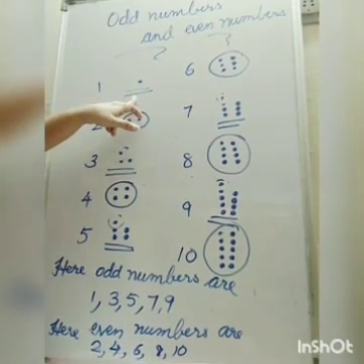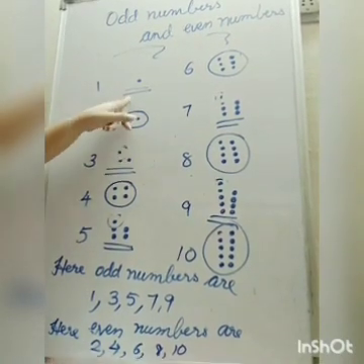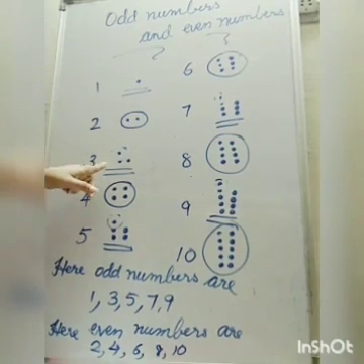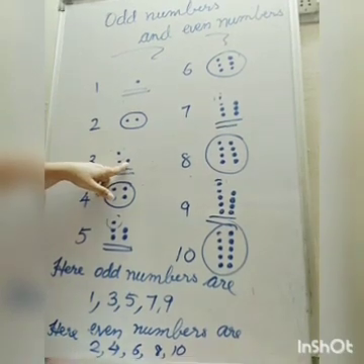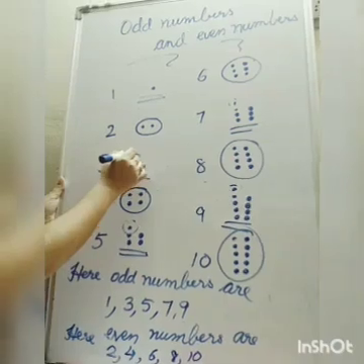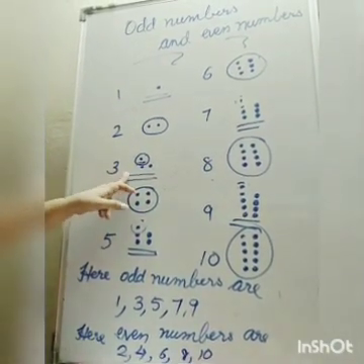Only 1 dot. It stands alone, so it is called an odd number. Or here, see the 3. For 3, how many dots are here? 1, 2, 3. One dot stands alone. That is why 3 is an odd number.